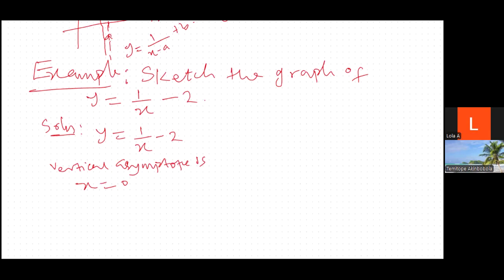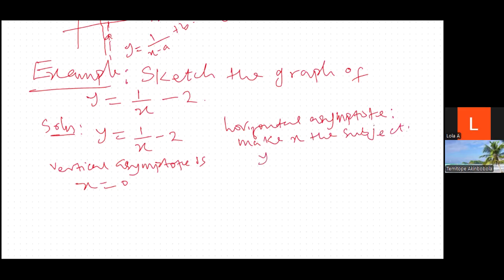Now, the horizontal asymptote. For the horizontal asymptote, make x the subject. So that will be y plus 2 equals 1 over x. Do you agree with that?